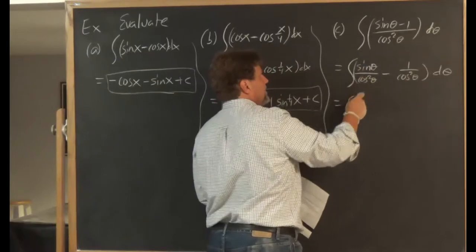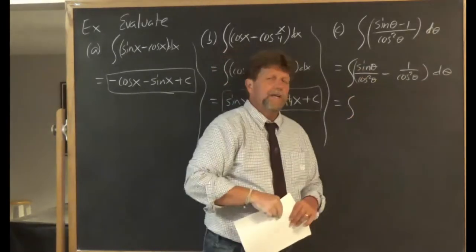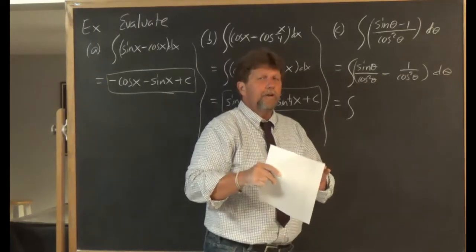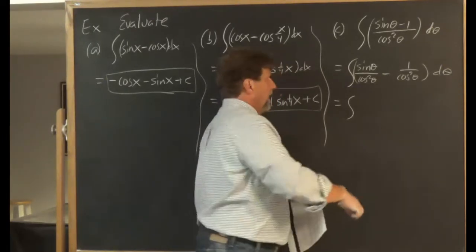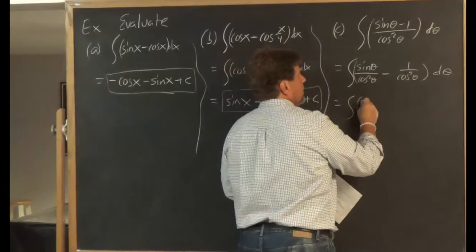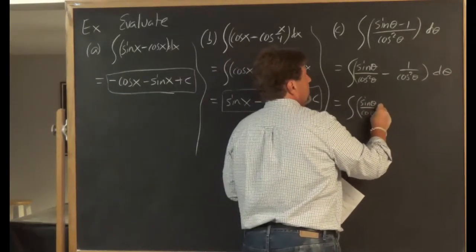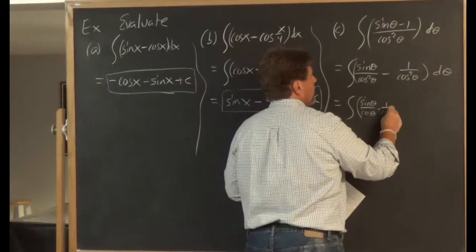Now, I have a sine theta over cosine squared theta. So that's a sine theta over cosine theta times a 1 over cosine theta.